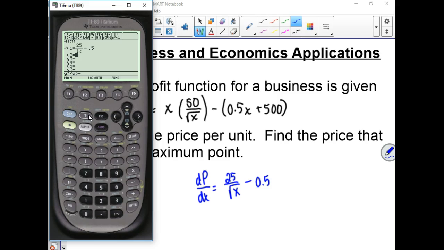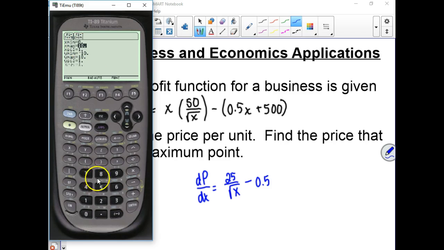And I'm going to look at the graph of this. I cannot see it very well right now. I know that for my window here, x is my price, so I really don't need to see negatives, because even if there were negative values that were a maximum or minimum for this solution, it wouldn't apply to the situation.